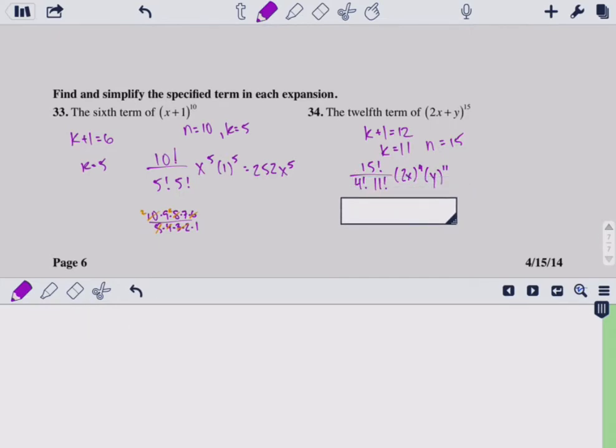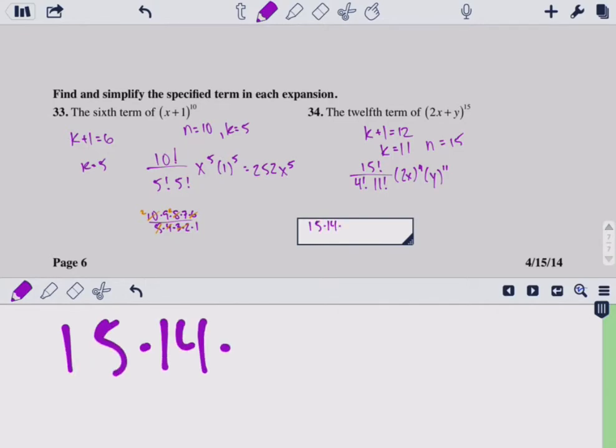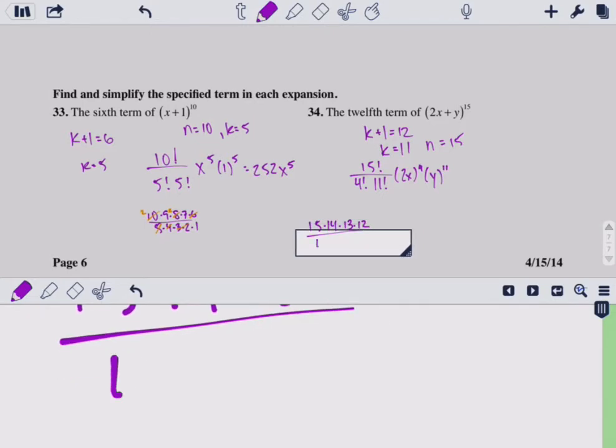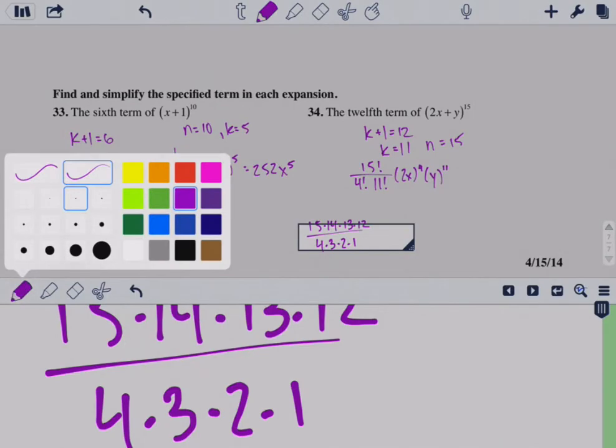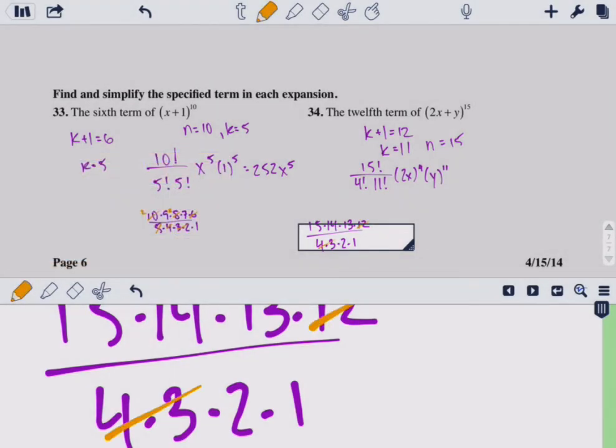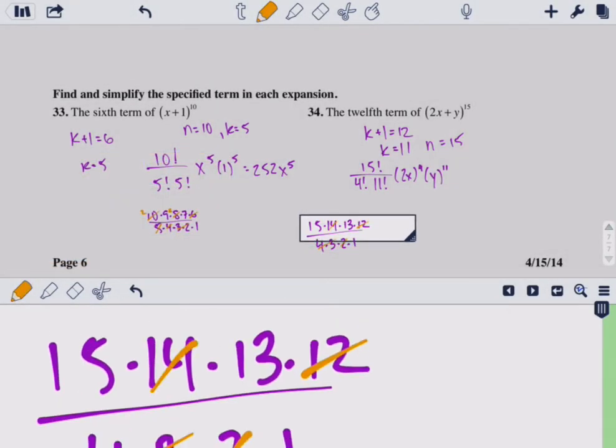Okay, so 15 times 14 times 13 times 12 over 4 times 3 times 2 times 1. 4 times 3 is 12. That cancels. 2 goes into 14 7 times.